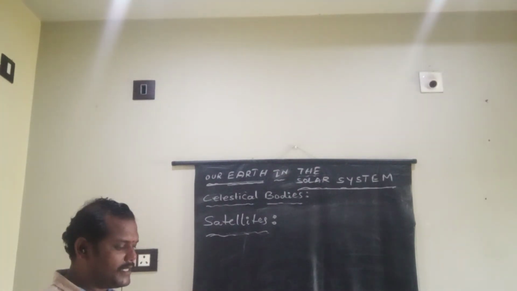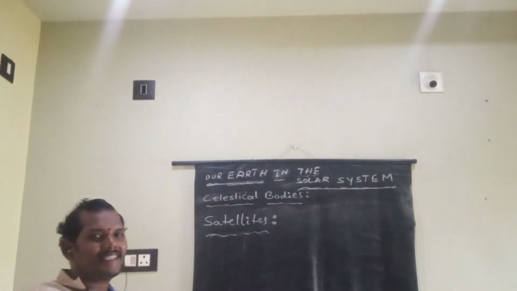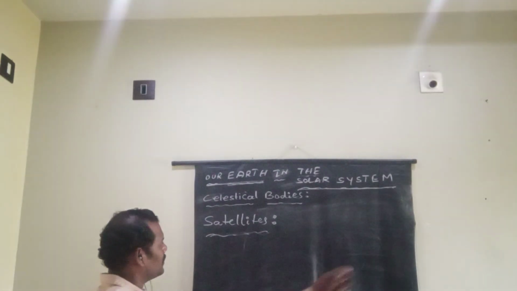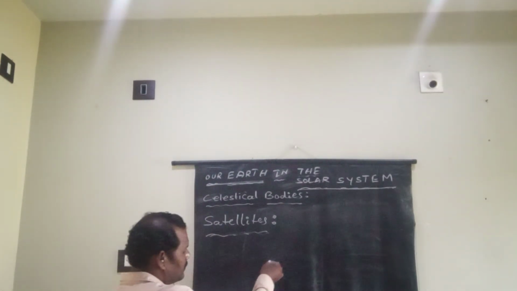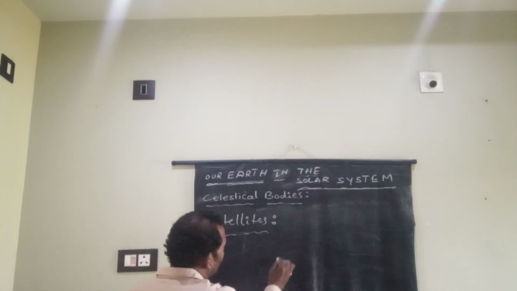The satellite is a celestial body that moves around the planets in the same way as the planets move around the sun. The definition is the same here. It is the celestial body that moves around the planets.